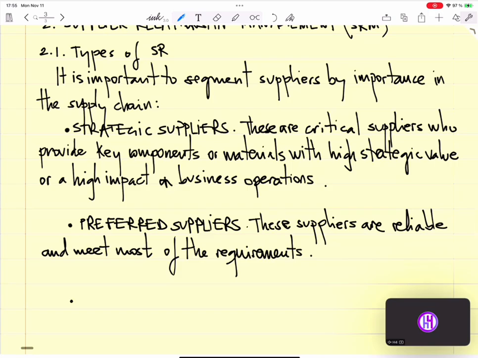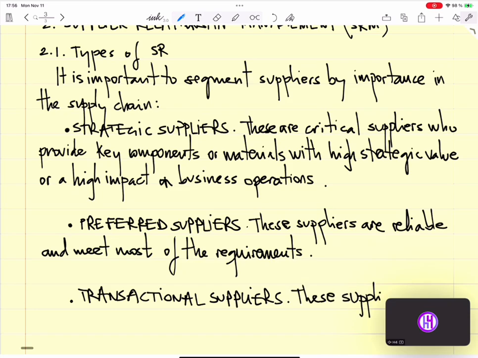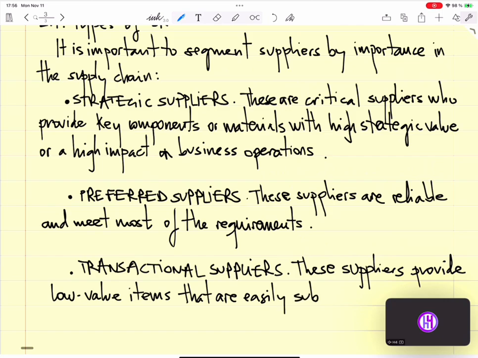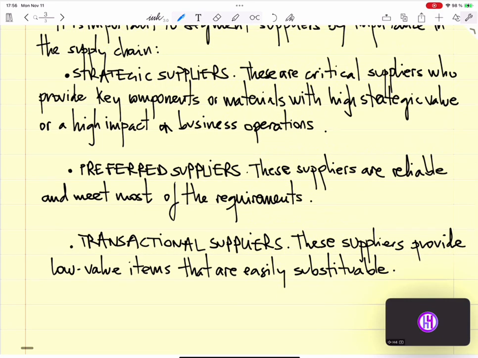And then we have transactional suppliers. These suppliers provide low value items that are easily substitutable. These relationships tend to be more price driven, okay?